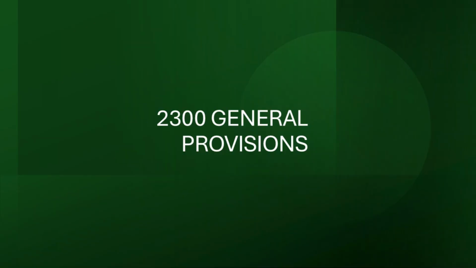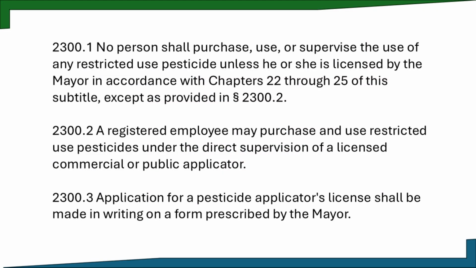2300. General provisions. 2300.1. No person shall purchase, use, or supervise the use of any restricted use pesticide unless he or she is licensed by the mayor in accordance with chapters 22 through 25 of this subtitle, except as provided in 2300.2. 2300.2.